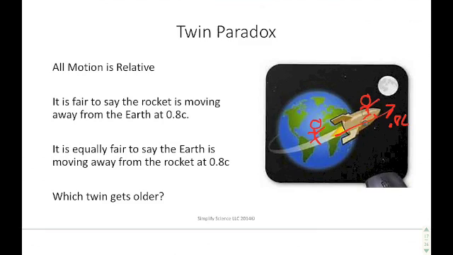It is equally fair to say that the rocket is still and that the Earth moves at 0.8 c in the other direction. Well, if time dilates, if time expands as you get closer to the speed of light, which twin gets older and which twin will stay relatively young? Because all motion is relative, how do you know which one will get older?